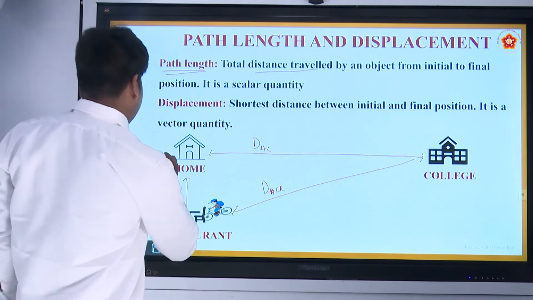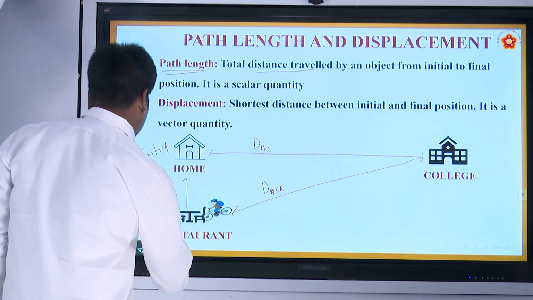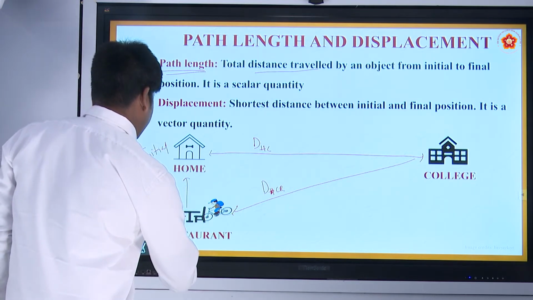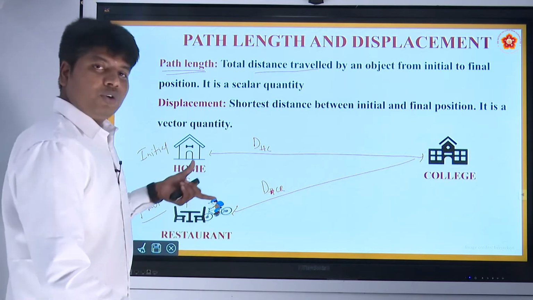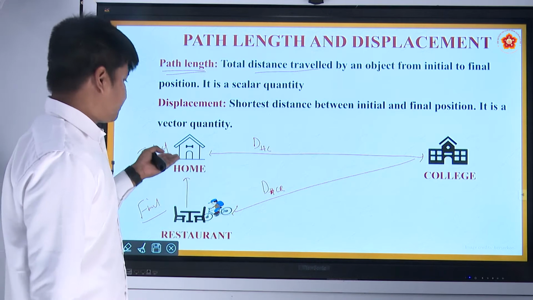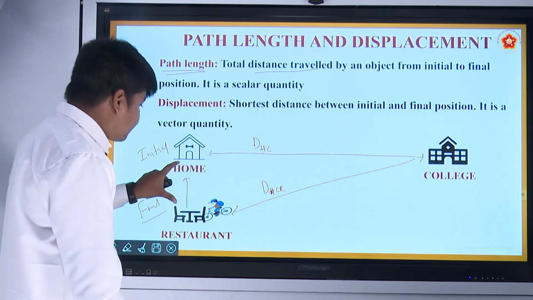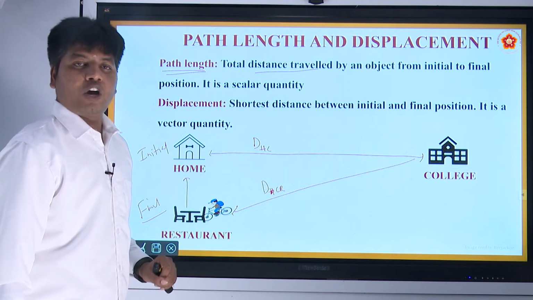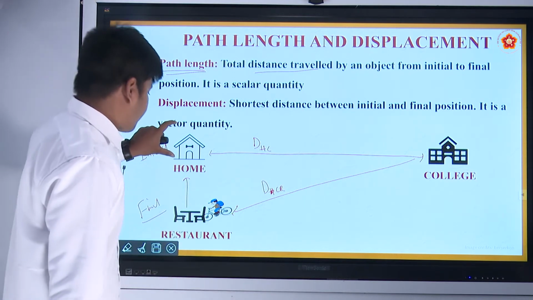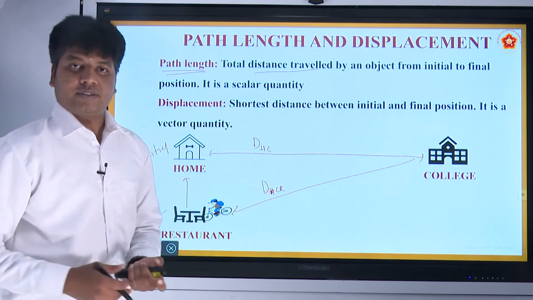Your initial position is this, the final position is the restaurant. So you will say, okay, this is my home. My home is towards north, this many kilometers. So this is the displacement. How much change of position you took from home to restaurant.